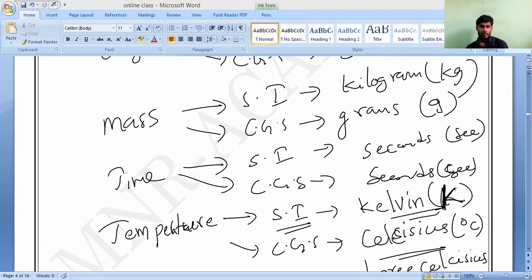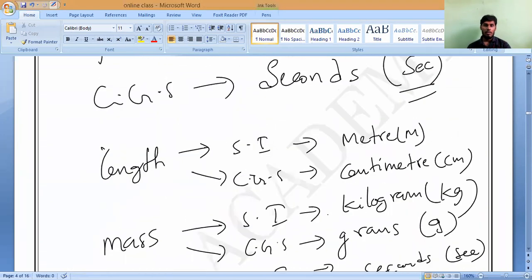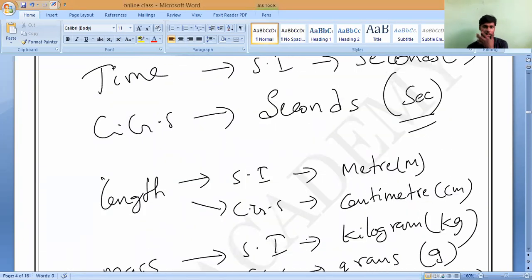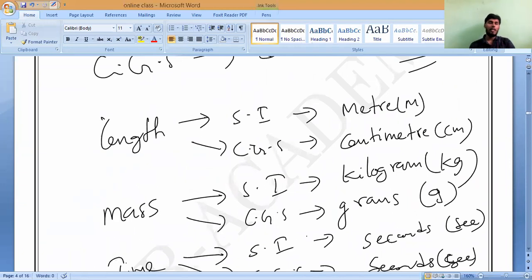Sir, what is the CGS unit of length? Centimeter. CGS unit of length is centimeter. Understand?